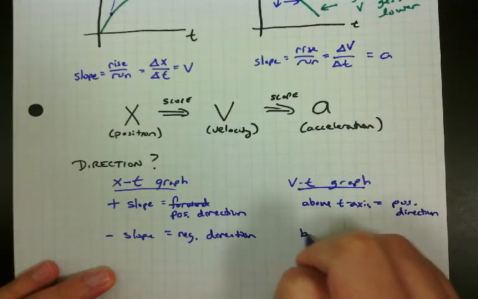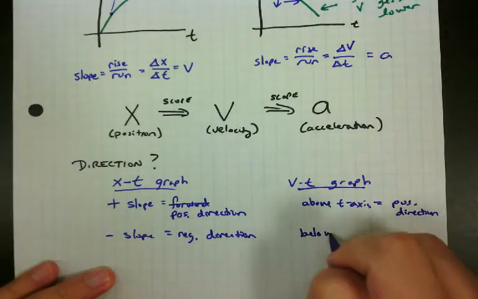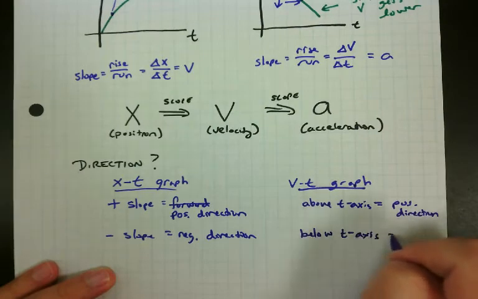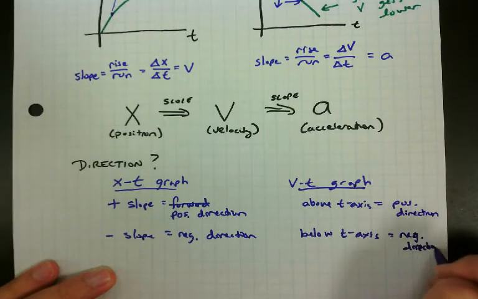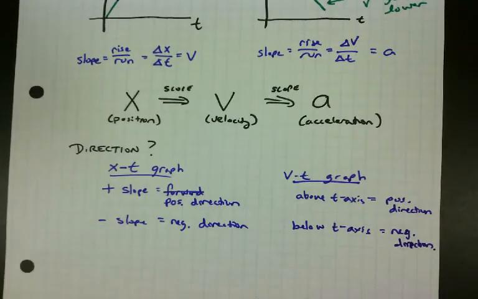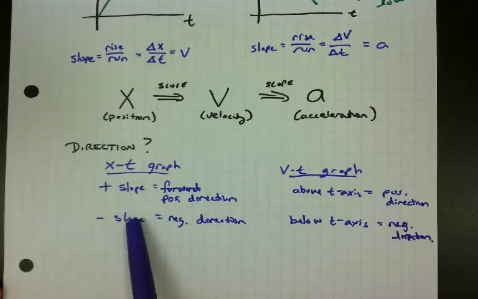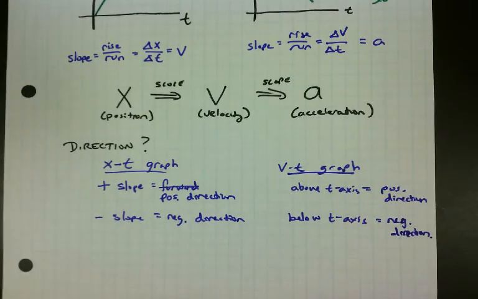And if you're below the t-axis, you're going to be going in the negative direction. You're going to see an example of this in a little bit. I'm going to ask you some questions on the Nearpod that sort of illustrates this. But so this is how you figure out direction on a position graph. This is how you figure out direction on a velocity graph.